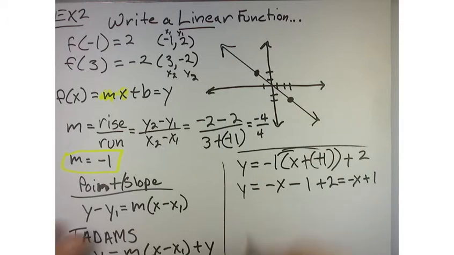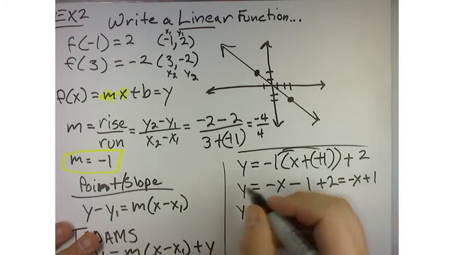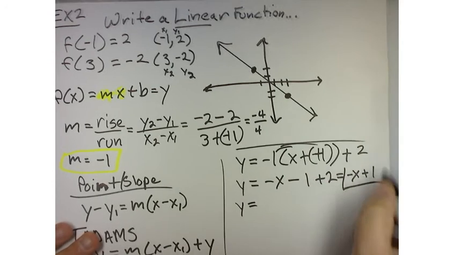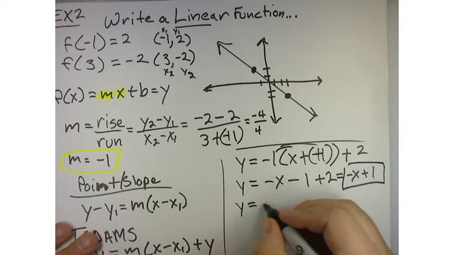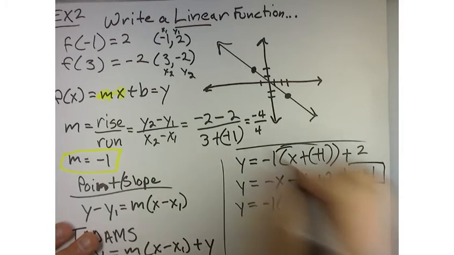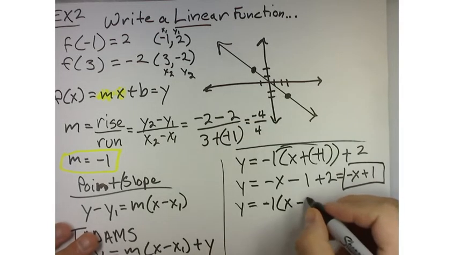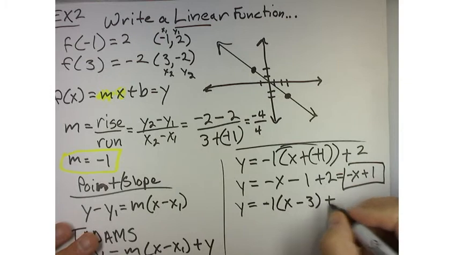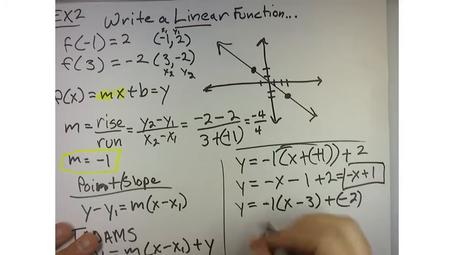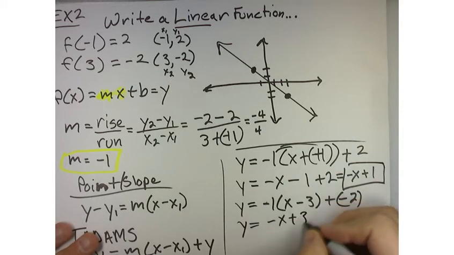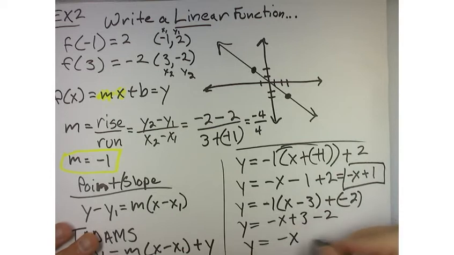Now to double check, I'm going to say negative 1x, and then I'm going to use the other point, minus 3 plus negative 2. And I get negative x, push that through, I get plus 3 minus 2, or y equals negative x plus 1.